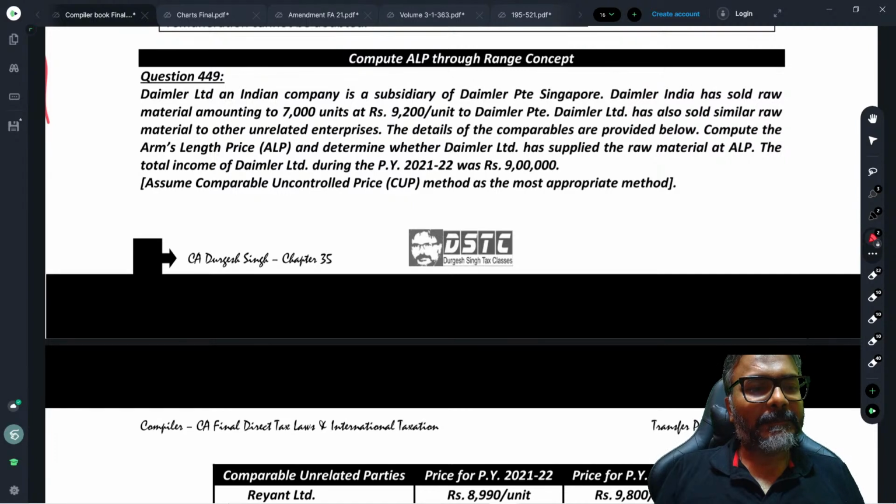Before that, students, if you all will see over here, what is this range concept, students? Any clue on this one? When is the range concept applicable?